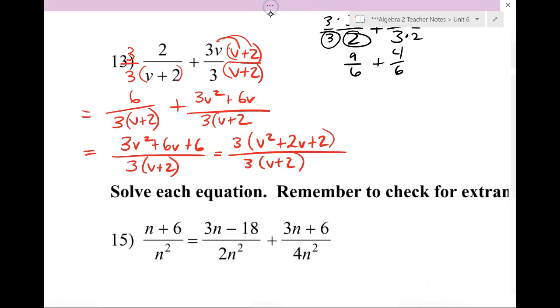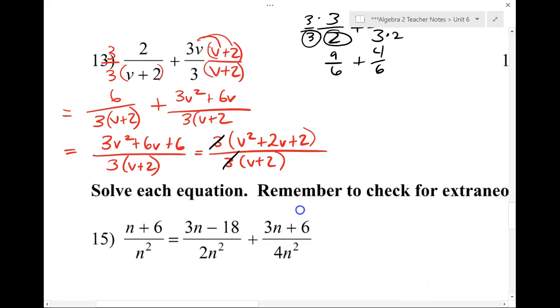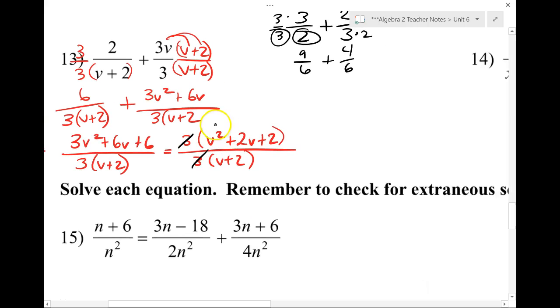And now I can cancel out some factors. Boom, right there and there. Now, if I sit here and try to factor out this trinomial and do my magic x, after a while I'm going to get stuck because there's nothing that I can multiply to equal 2 but also add to 2, because the only two numbers I can multiply to are 2 and 1.